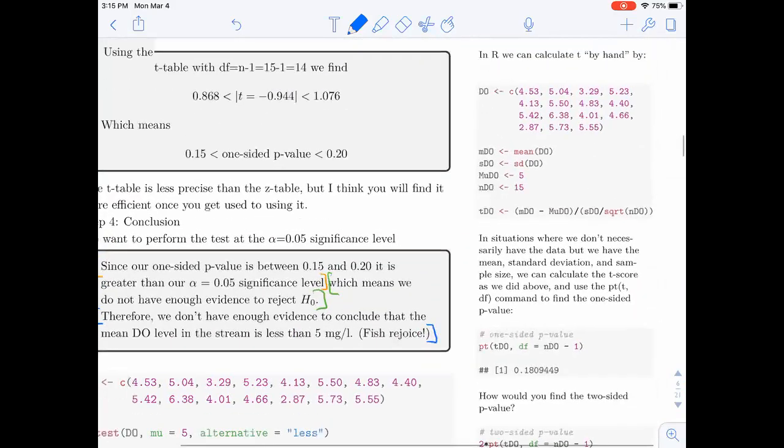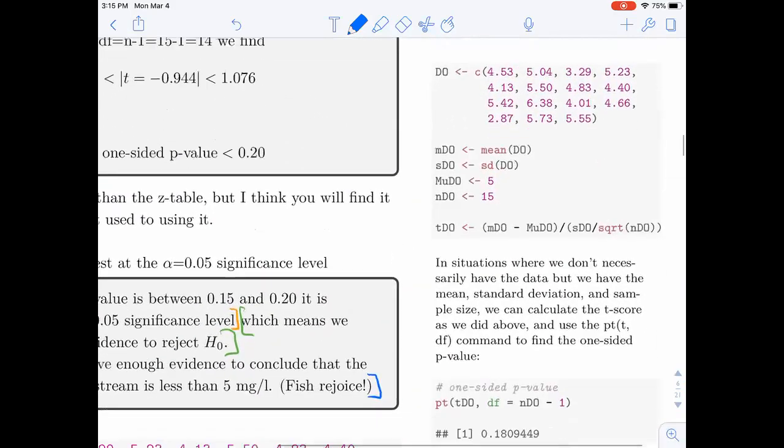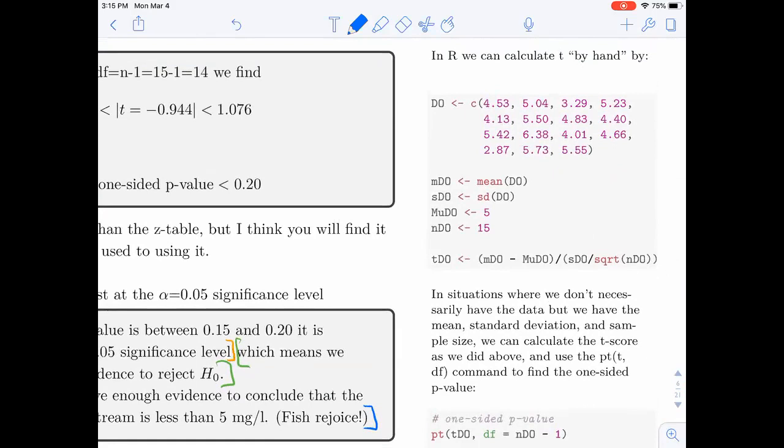Okay. Over on the side, for a lot of the questions that we'll be doing, I'll only give you the sample mean, the sample standard deviation, the sample size, and the hypothesized mean. So what we can do, if you wanted to check your answers, is calculate a T, I just called it T dissolved oxygen, to name it something other than T because T is reserved.